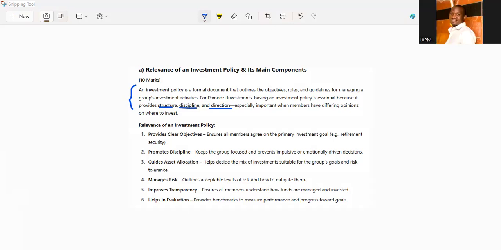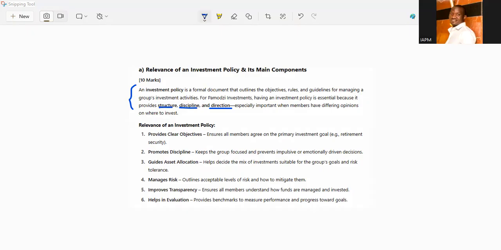So it also will ensure that there's risk management. In terms of risk management, this document serves as an investment strategy to clearly articulate the policy outlines, the acceptable level of risk that the group may want to undertake, and also the mechanisms of diversification.